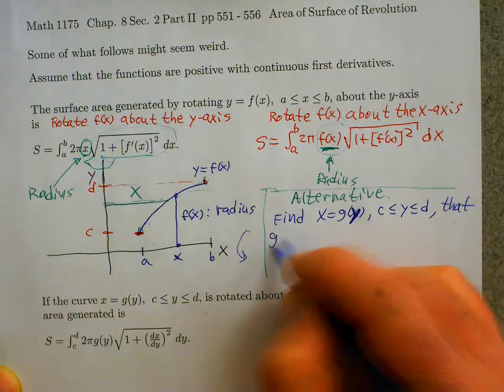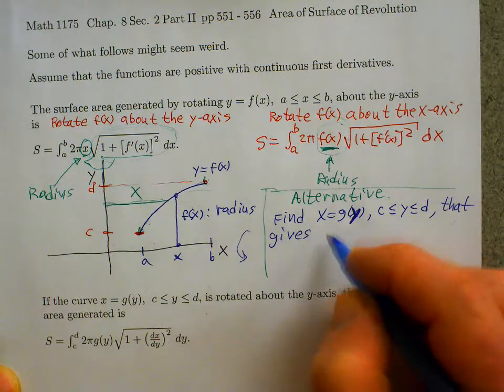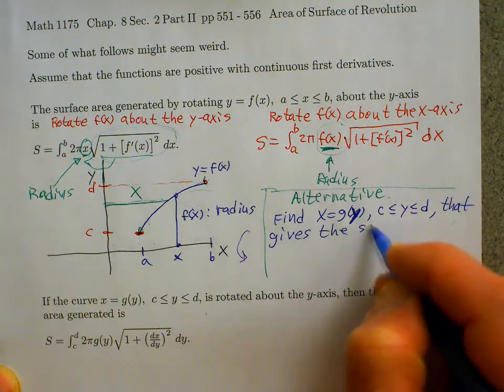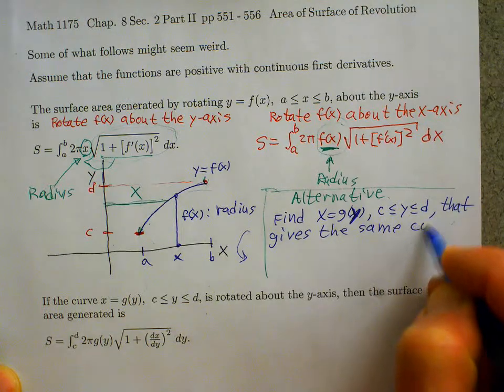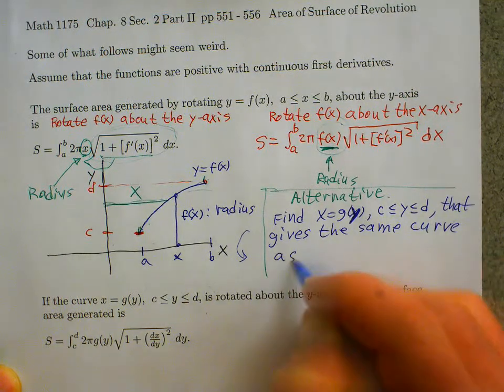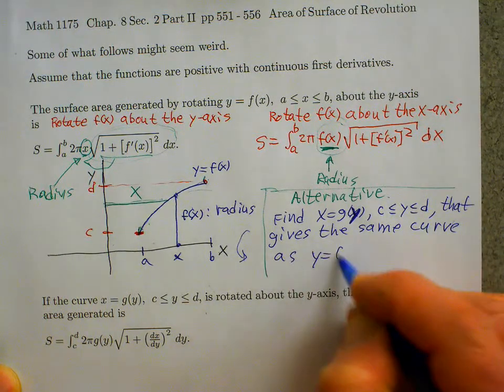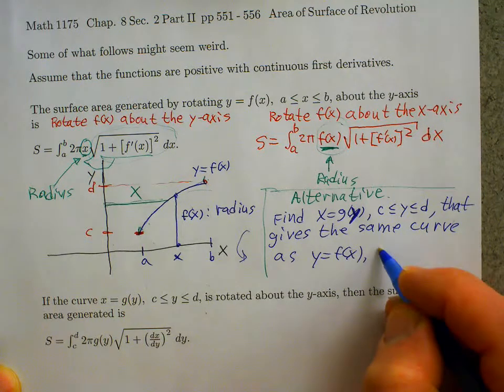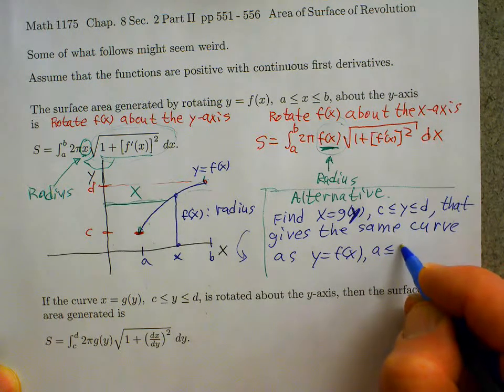Okay, so that gives the same curve as y equals f of x for values of x between a and b.